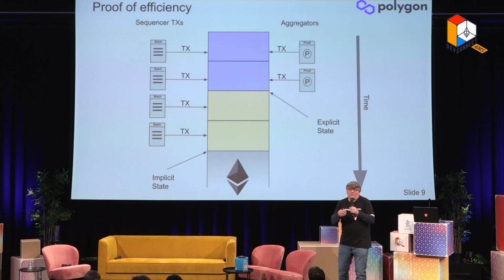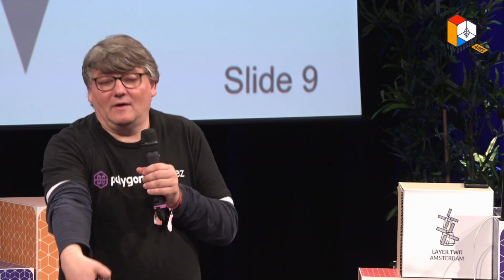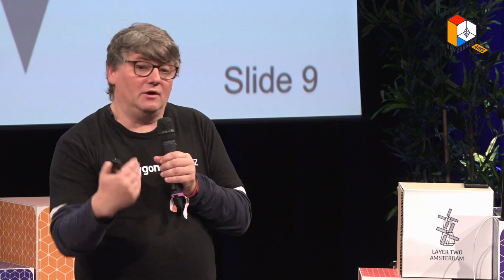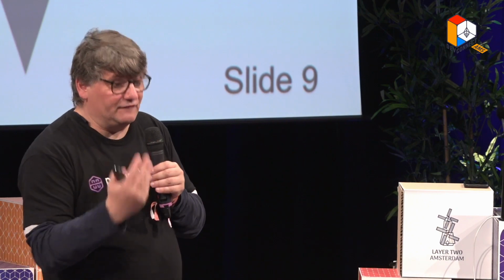In the case of the optimistic rollup, you have to wait maybe 1 week so that nobody challenges that those transactions are valid. In our case, a prover can validate and put this explicit state in maybe 1 hour, or 10 minutes, or 15 minutes. So you can withdraw and, for example, transfer these funds to another chain faster. You see, this is the big difference.